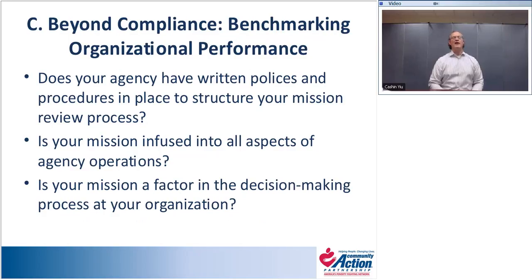So making sure that the board, at least on probably an annual basis would be our suggestion, does a review of the mission and makes sure that those programs are in alignment with the mission. Probably every 3 years would be sufficient. Certainly every 5 years would meet the standard. But again, doing this as an annual exercise is just a good way to make sure that the mission is included on a regular basis in discussion of the overall agency activity and make sure there hasn't been any mission drift.